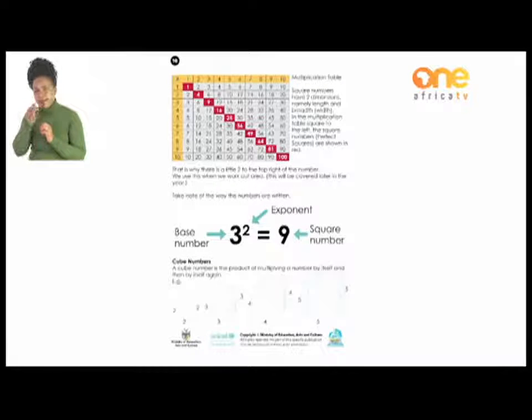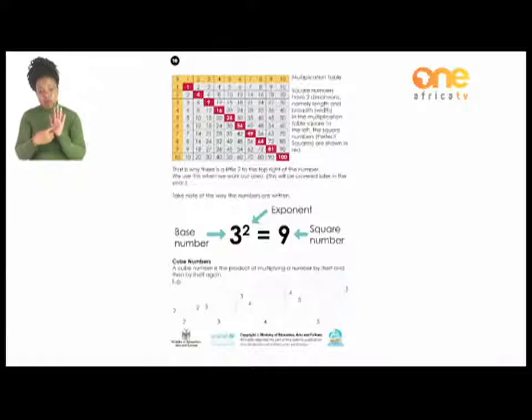We are done with the square numbers, so we have to go to the cube numbers to read through the cube numbers. A cube number is a product of multiplying a number by itself and then by itself again. So that number has to appear 3 times.